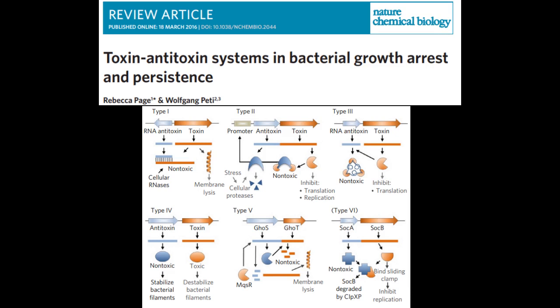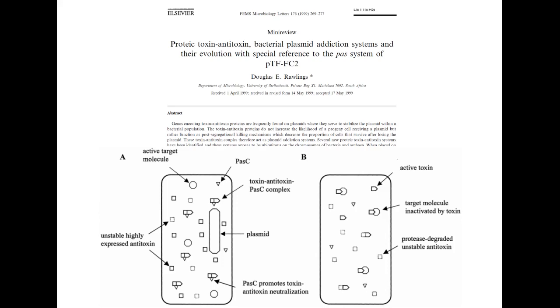But if the gene pair were to be broken and one of them lost, since the antitoxin is labile and is degraded quickly, the toxin, if it's lost, the protein will still persist and kill the cell. So there's a tendency to maintain that pair. And if the pair existed on a plasmid, there is addiction of the plasmid, which we discussed in the first part. But this is a conflict between these elements in the genome.